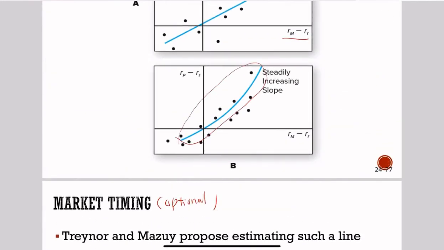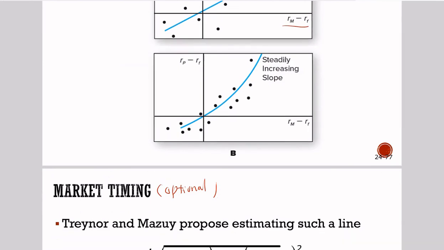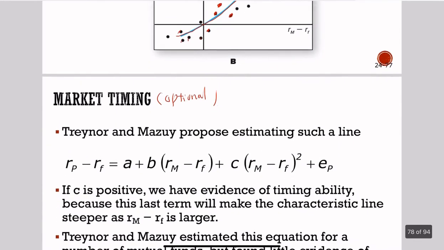Well, obviously an easy way would be you will draw these points, these pairs of returns. However, econometrically, we wanted to find out this line. So how do you find out this line? Well, you could use linear regression.